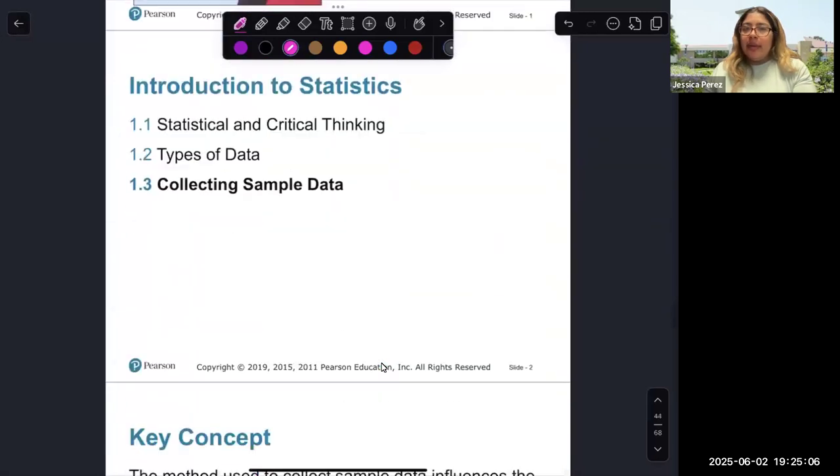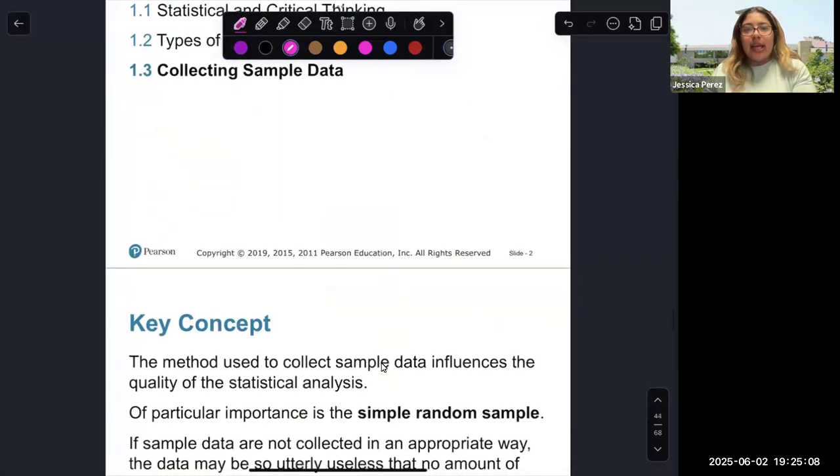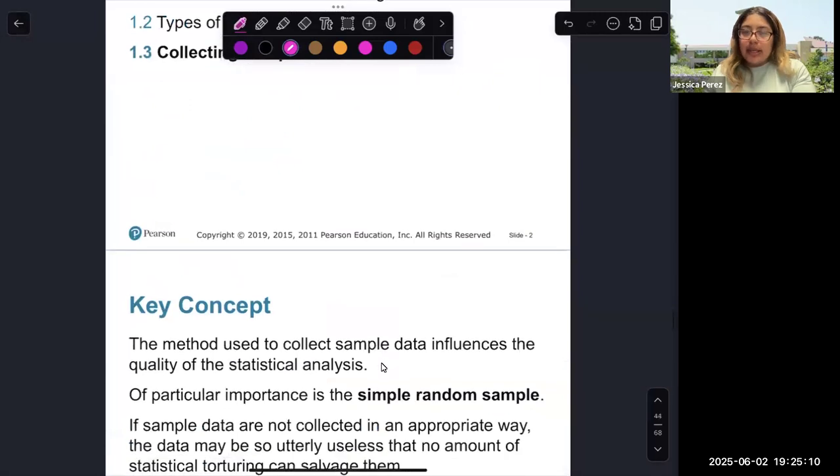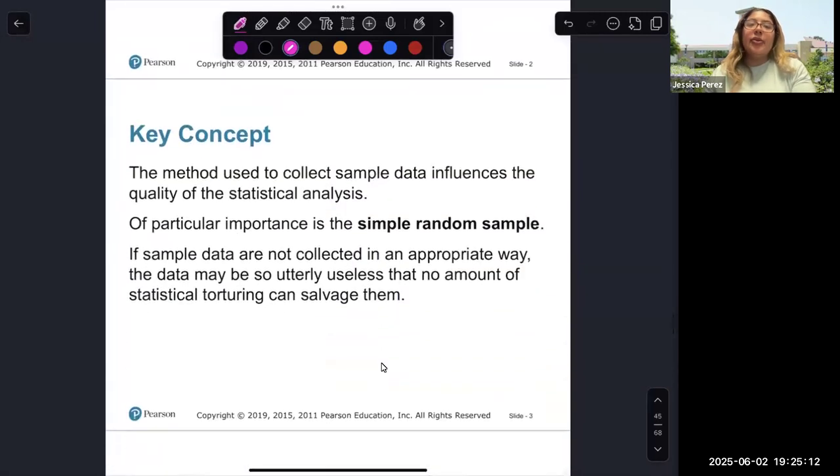In 1.3, we are collecting sample data. What types of data are we collecting? What type of sample data? The key method used to collect sample data influences the quality of the statistical analysis. So it is very important to know what method is being used to collect the sample, because that will make a difference on the quality of the statistical analysis.